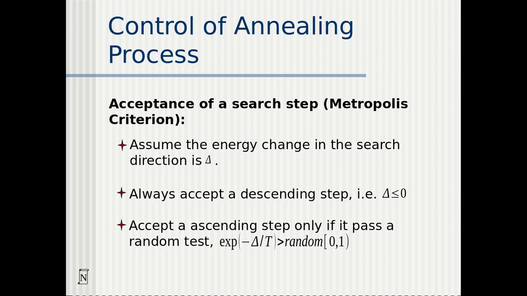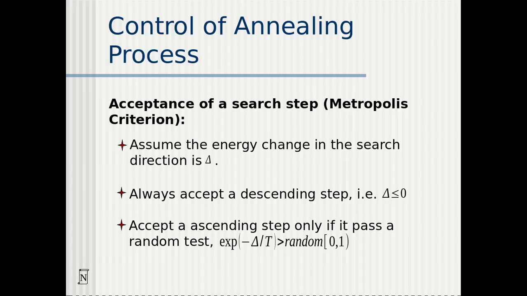So how does temperature control the acceptance of a solution? We define the change in energy, delta, as the energy of the new state minus the energy of the current state. We basically want to minimize the energy.